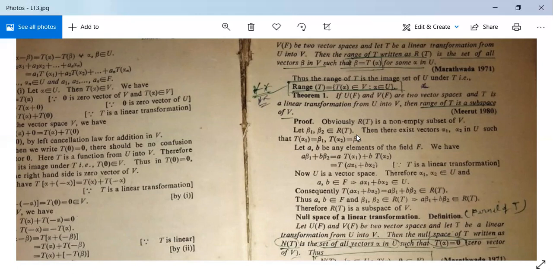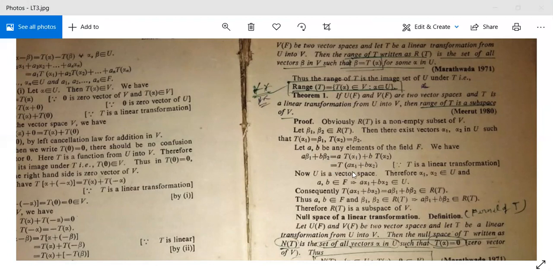Let β1, β2 belong to R(T). Then we have two vectors α1, α2 in U such that Tα1 = β1, Tα2 = β2 from the definition of range T. Suppose a, b be any two elements of the field F, then aβ1 + bβ2 is equal to a·Tα1 + b·Tα2.